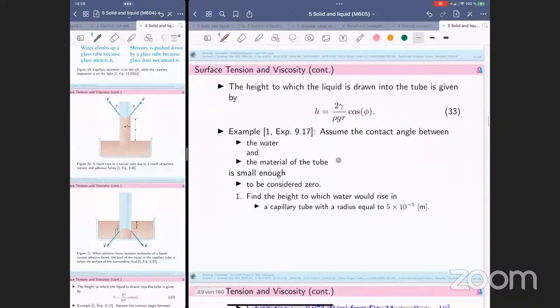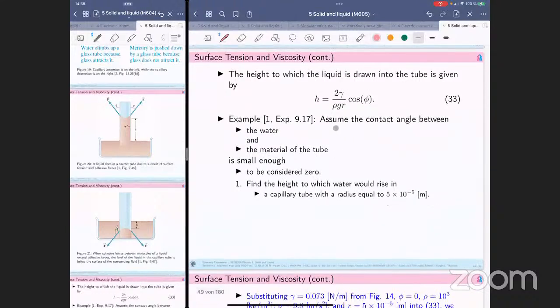Now let's apply this formula to a situation. Let's consider this example. Assume the contact angle between the water and the material of the tube is small enough. It means I don't know which one, right? But they say the angle phi here is very small, so angle phi is close to 0.